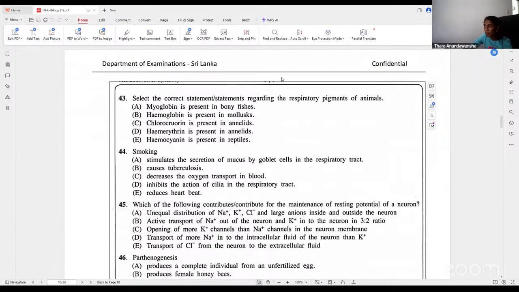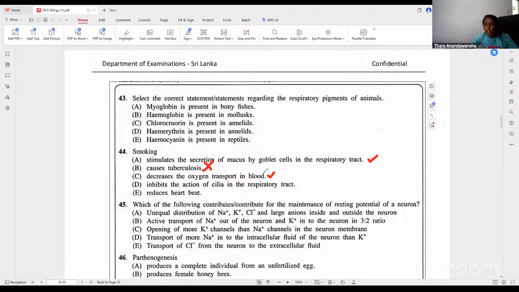Let's go to 44. Smoking stimulates the secretion of mucus by goblet cells in the respiratory tract. Yes, you may have seen that if someone is smoking, they have phlegm every time, like they are coughing and have some phlegm. And causes tuberculosis? No, it can give chances for tuberculosis by damaging the lung tissue, but it's still not the direct cause. Decreases oxygen transport in blood. How?